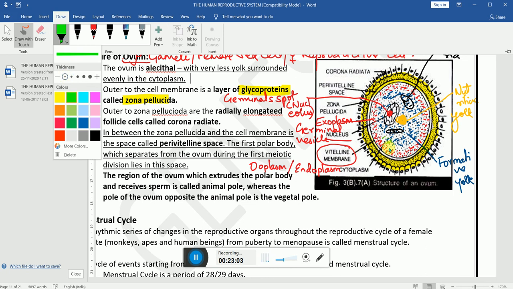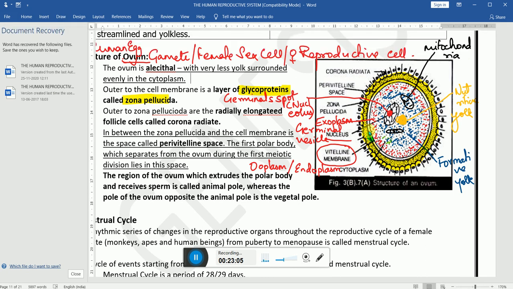This space that I'm drawing in green, in between the cell membrane and this part, is a space, and we call it the perivitelline space. So you will remember this perivitelline space, students.